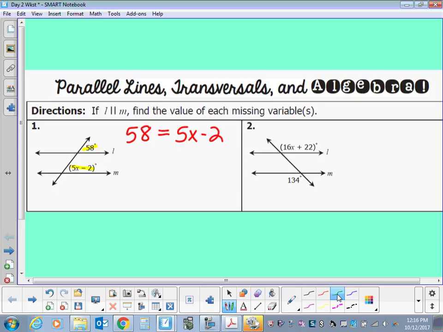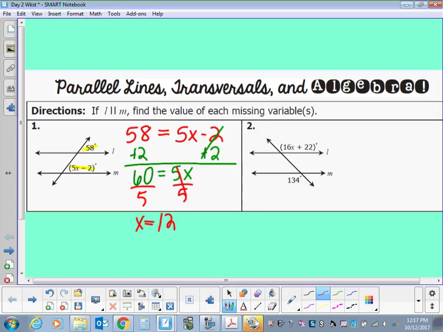How do I solve for this? Add 2. So what's left over? 60 equals 5x, now what? So x is equal to 12.